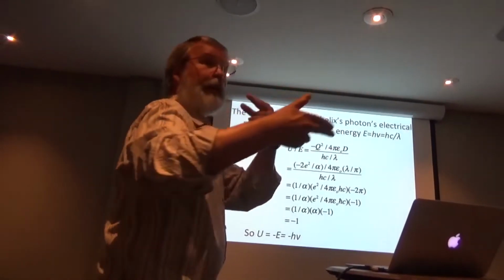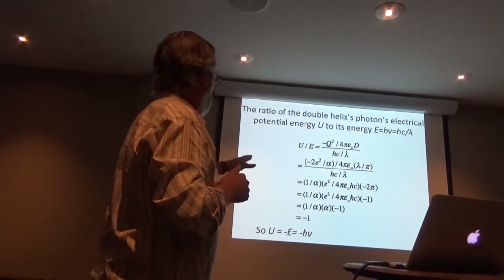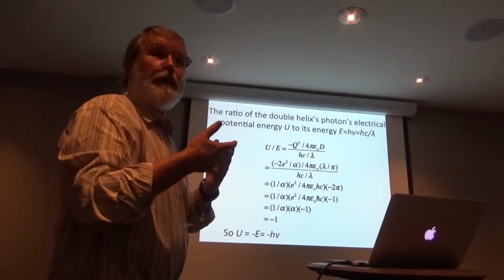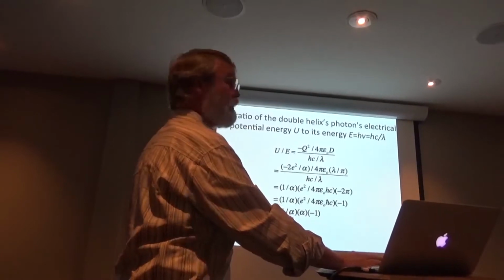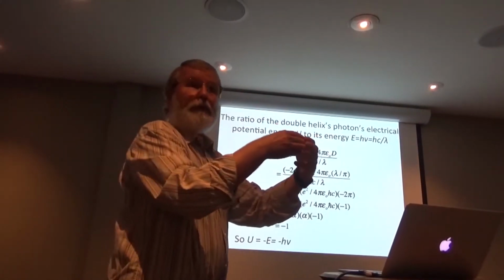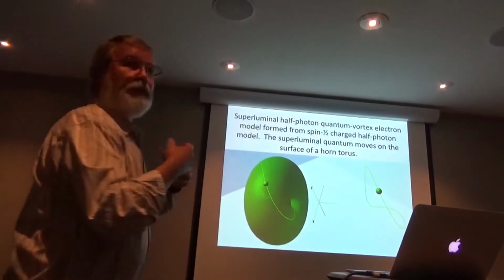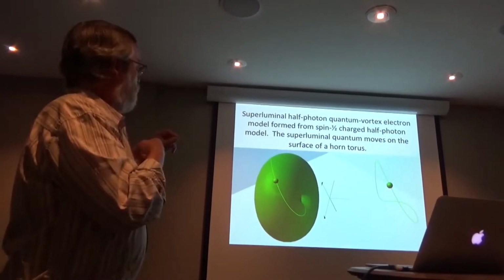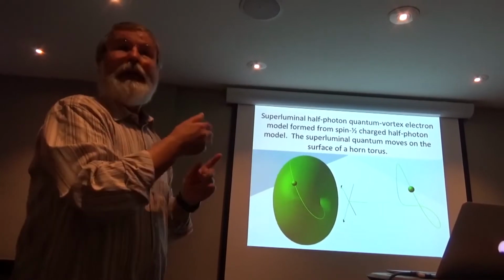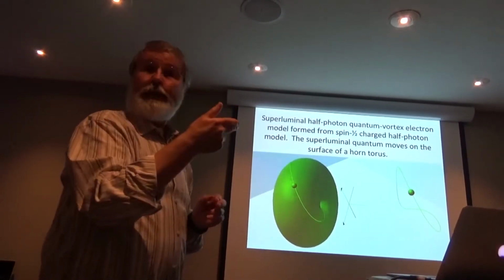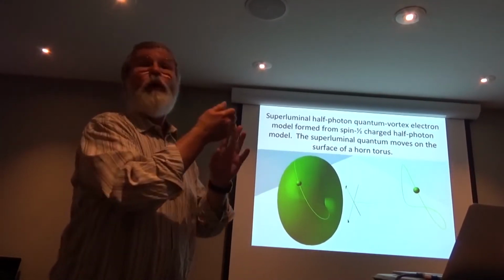It's negative because it's an attractive force, but it does seem to show that the frequency of the photon is related to its potential energy, and that some kind of potential energy is stored in a photon. Now, the idea is that a double helix photon can form an electron-positron pair if it's sufficiently energetic, which requires an energy of 2 mc squared or more.